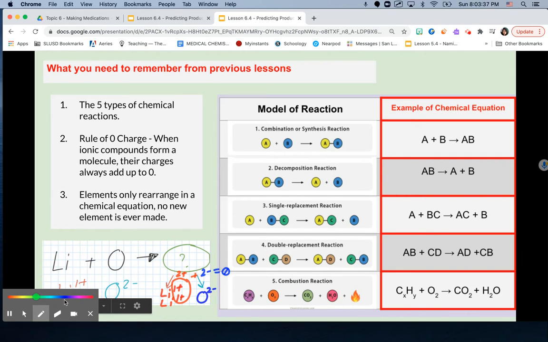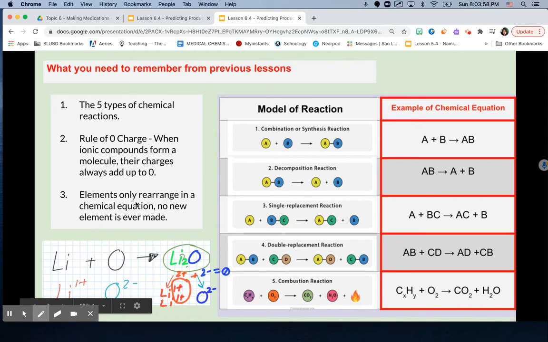Which means in my formula, I'm going to have Li2, because I use 2 Li's, oxygen 1, but I don't need to write the number 1. So Li2O will be my formula in order for the charges to add up to 0.